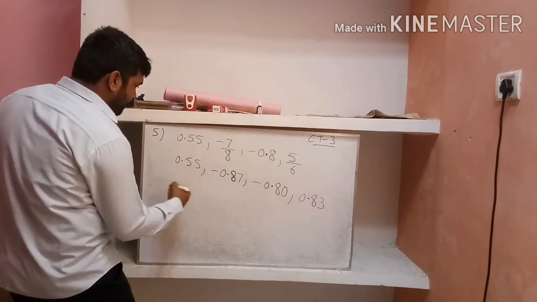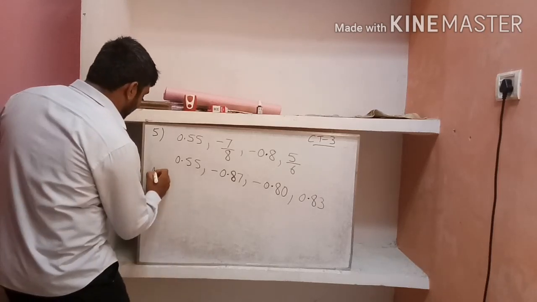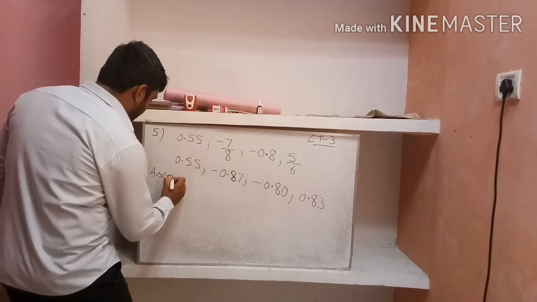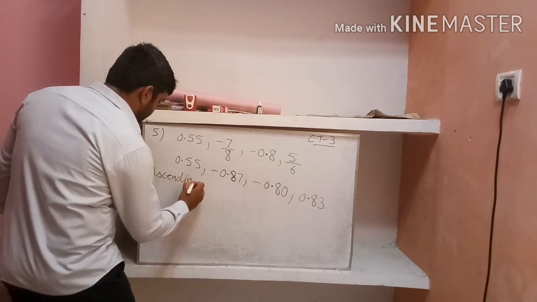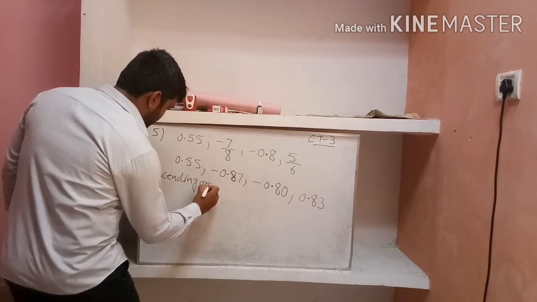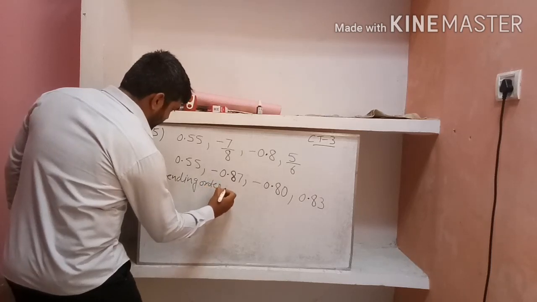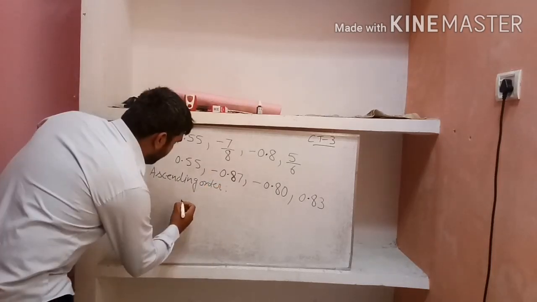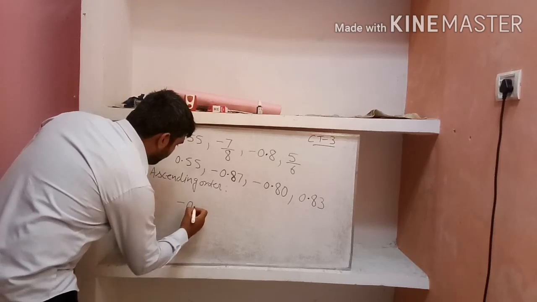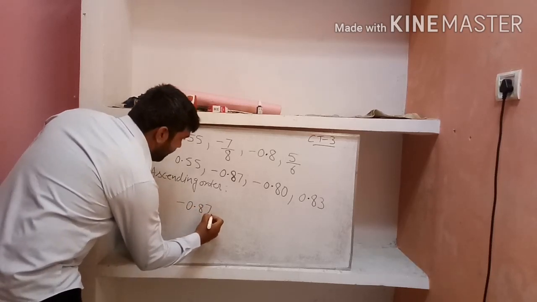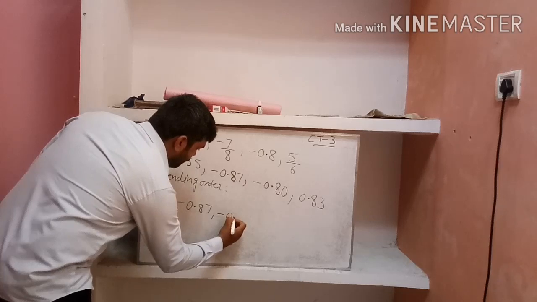So now in order form we write the ascending order. In ascending order: minus 0.87. After that, minus 0.80.